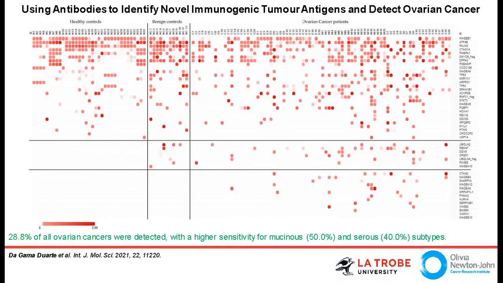So this is probably the most important slide of that study. And here we were able to identify a series of different antigen specificities that really didn't discriminate between healthy individuals, those with benign disease, and those with ovarian cancer. We were able to see some that were present in benign conditions and ovarian cancer patients, but not in healthy individuals.